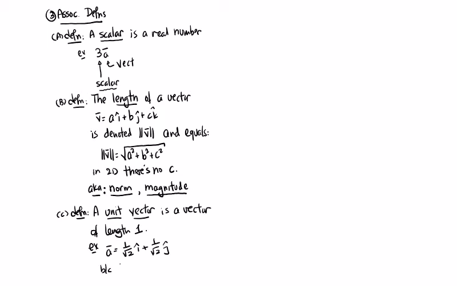This is a unit vector because its magnitude is the square root of (1 over the square root of 2) squared plus (1 over the square root of 2) squared, which is the square root of a half plus a half, which is 1. So unit vectors are useful. We'll use them a lot.